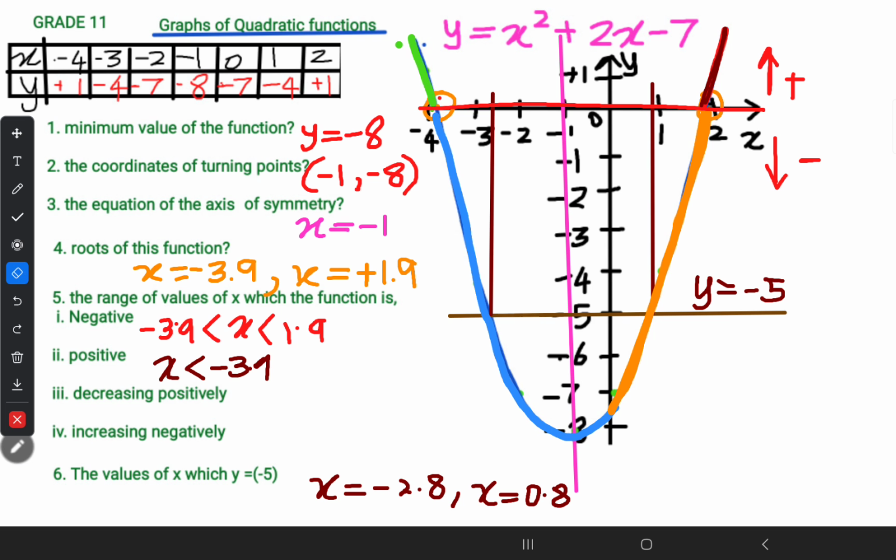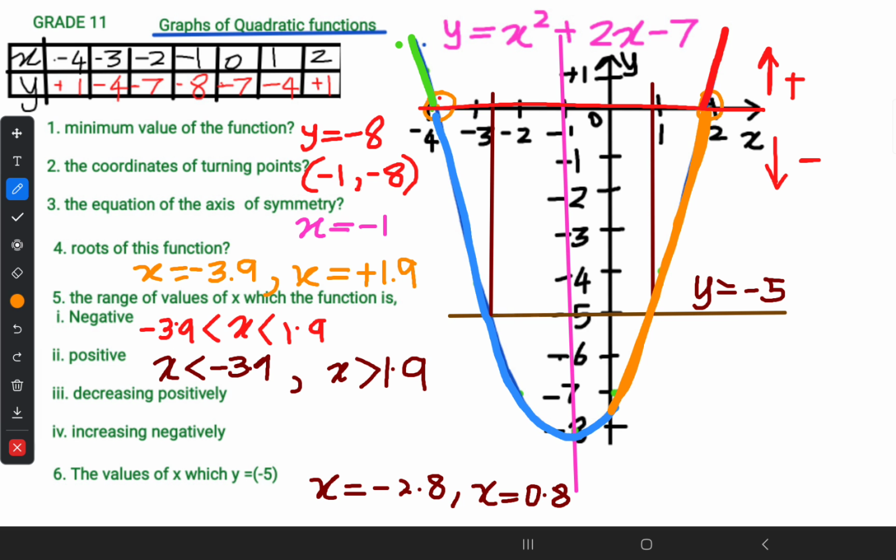Another region is also suitable, above the x-axis. Look at this region. When x is greater than 1.9, okay, 2, 2.1, 2.2, 2.3, in those regions the function is positive. For the function being negative, you can write the answer in one interval. But for the other one, since these are two separate regions, you cannot express them in one interval. You have to indicate two intervals for their separate characteristics.